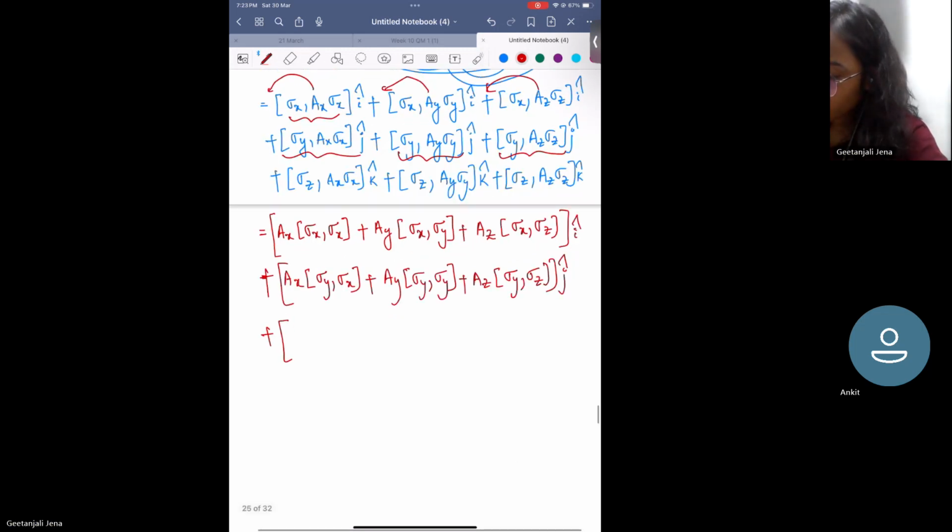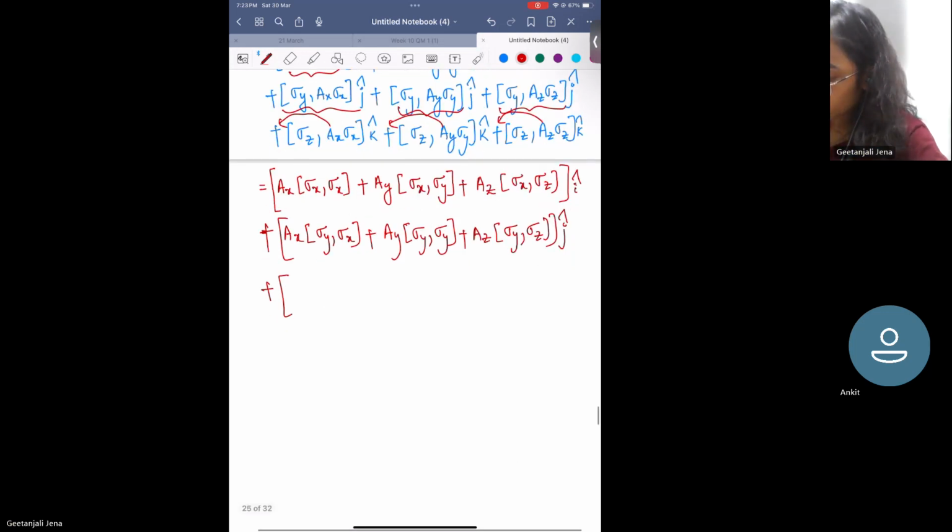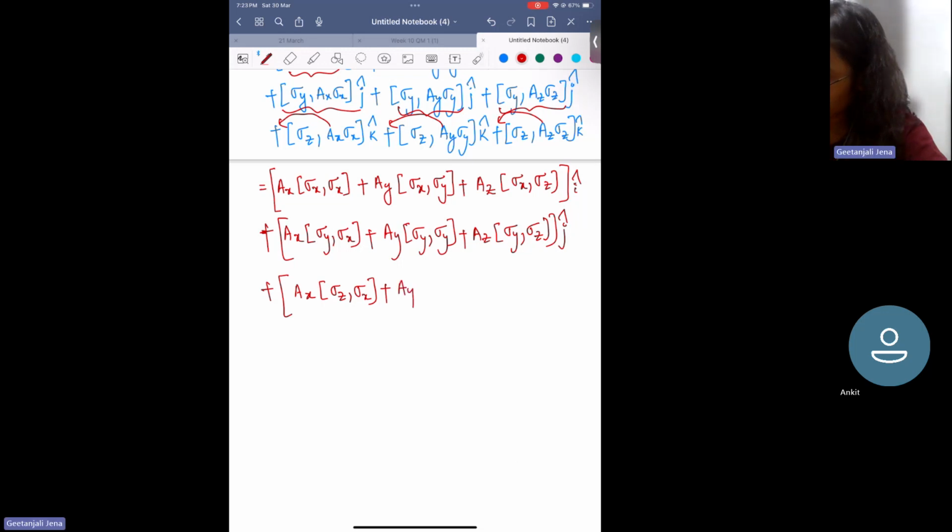Plus here also you can take the A's outside. So this would be Ax sigma z sigma x plus Ay sigma z sigma y plus Az sigma z sigma z, k cap.